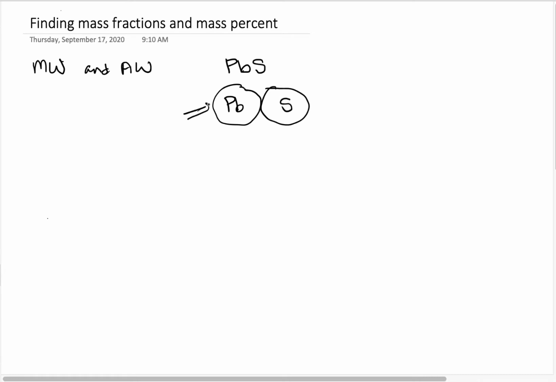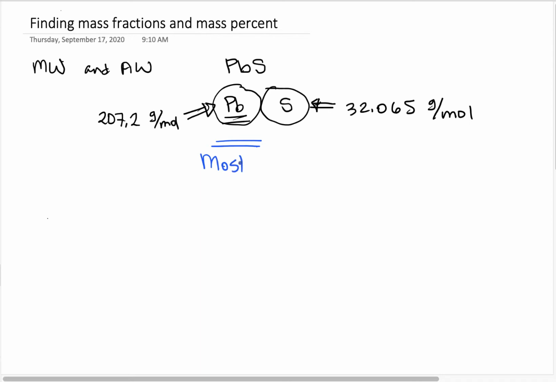If you have a heavy atom like lead, which has an atomic mass of 207.2 grams per mole, compare that to sulfur, which has an atomic mass of 32.065 grams per mole. One atom has about 200 grams per mole and the other about 30, so of these two, it's the lead that makes up most of the mass.